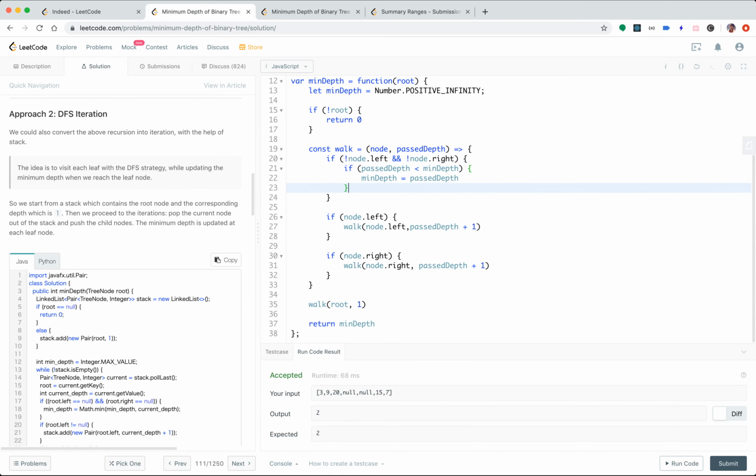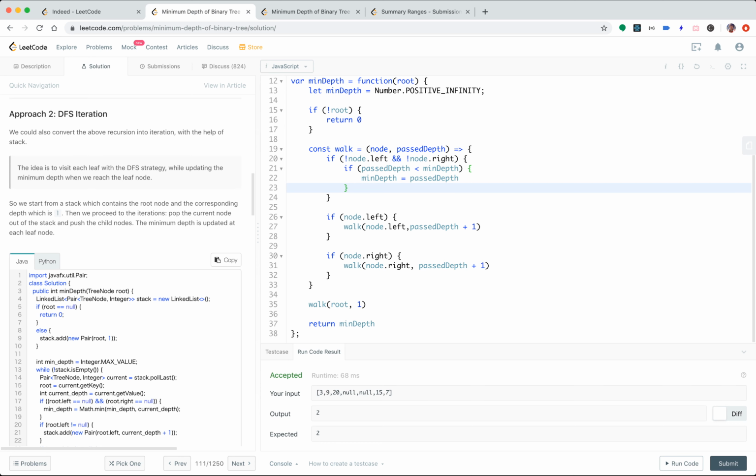Yeah, even if we write this walker, it would also be recursion. It's not very good, because we use recursion, it will keep the call stack. We need to rewrite it to DFS iteration.